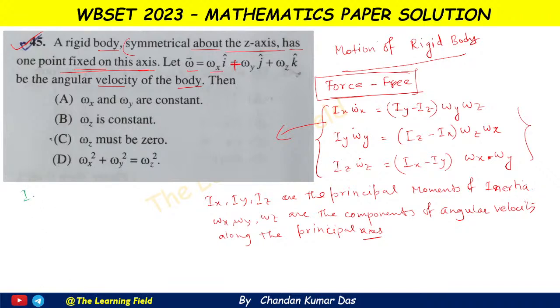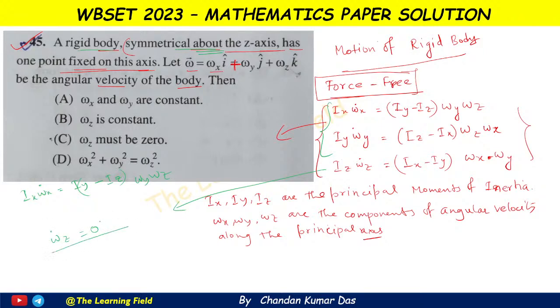The first equation remains Ix omega x dot equal to Iy minus Iz into omega y omega z, as the rigid body is symmetrical about the z axis, with one point fixed on the z axis. In that case we get these two equations of motion, and for the third equation, because the moment of inertia is not 0, we simply get omega z dot equal to 0.